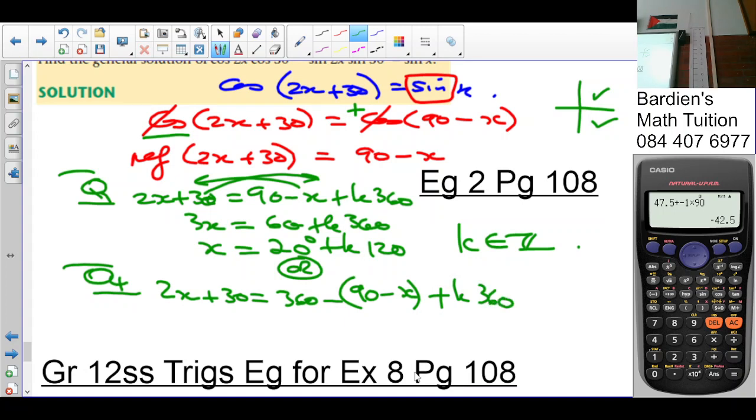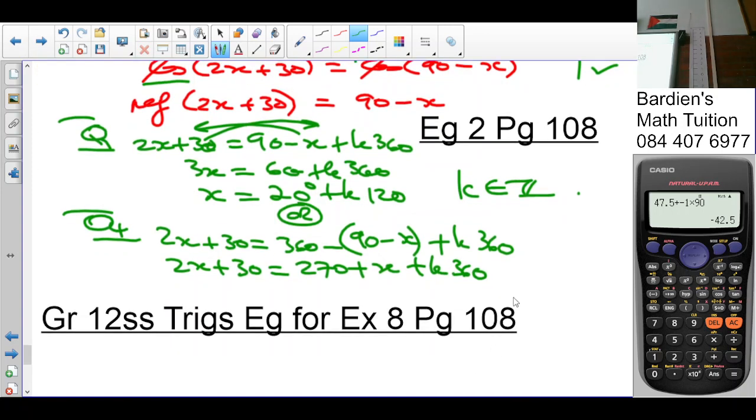Now the people that work with a negative angle, they would say 2x plus 30 equals negative, open brackets, 90 minus x plus k times 360. Okay? This is another way of writing the same thing. So you've got 2x plus 30 equals 360 minus 90 is 270 plus x plus k times 360.